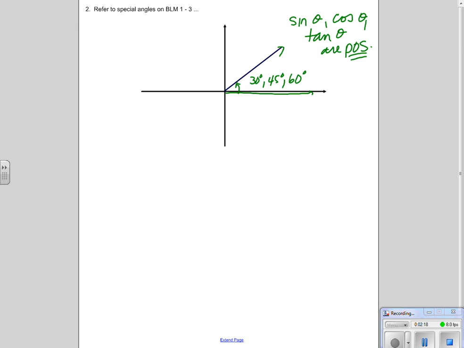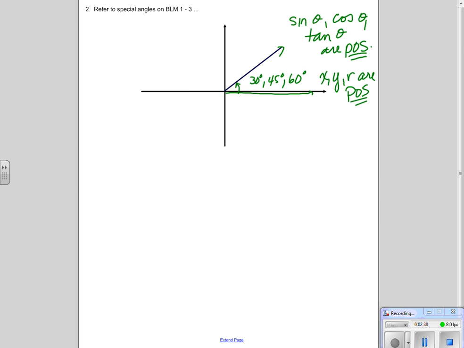Also, your x value and your y value, to the right and up, and the r value are all positive as well. R is always positive. But in this quadrant, for acute angles, everything is positive.